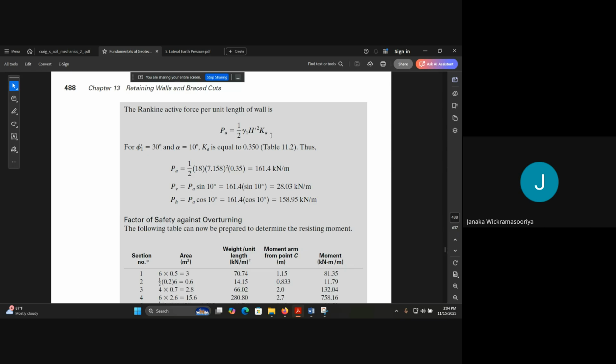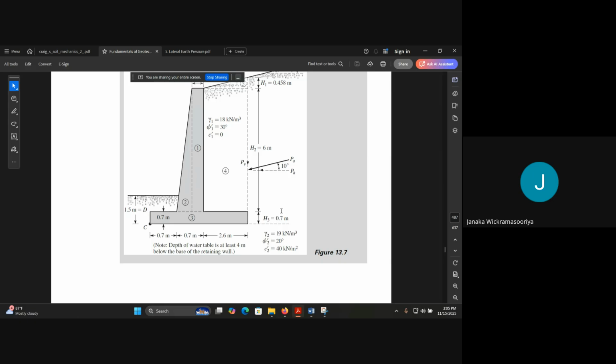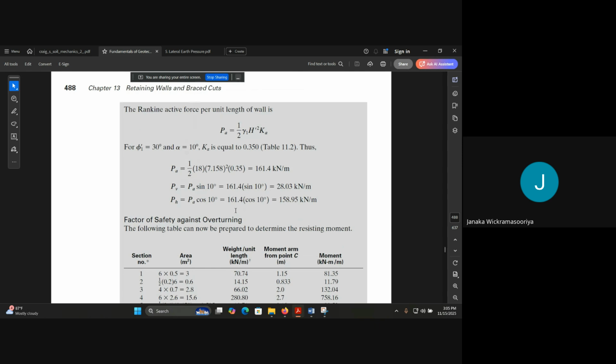You can find this Ka by 1 minus sine phi divided by 1 plus sine phi, because the phi values are given. 1 minus sine 30 divided by 1 plus sine 30. Here that is based on table 11.2.